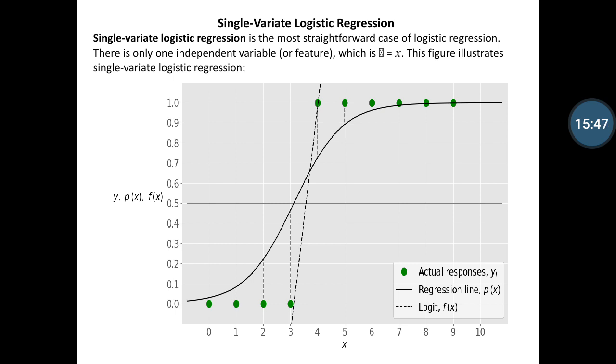Here we put some green dotted values. Those are the actual responses y_i, and the line is the regression line p(x), and the dashed line represents the logit f(x) in the graph.